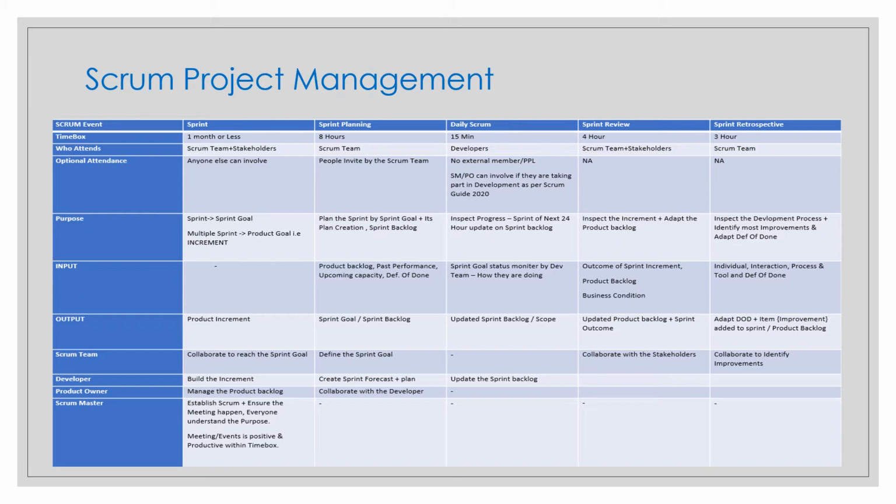The terms scope, sprint scope, or the scope of the sprint backlog refer to the same concept. Everything is the same. So when you are doing the daily scrum, based on the discussion and the time available, the developers will focus and do their best to reach the sprint goal, and they make changes in the sprint backlog. That is your input.